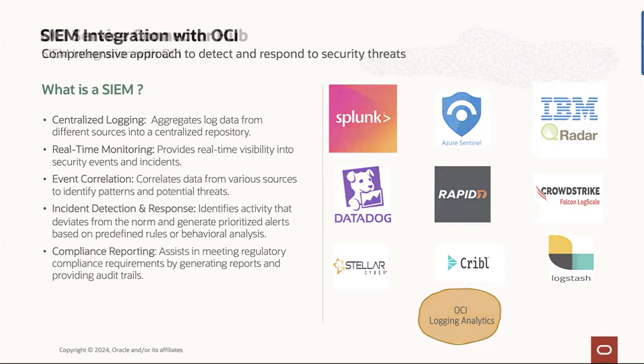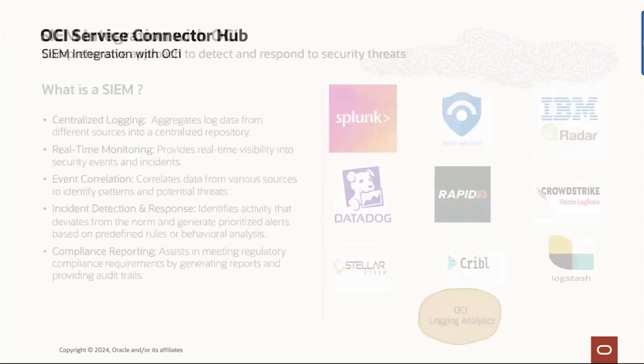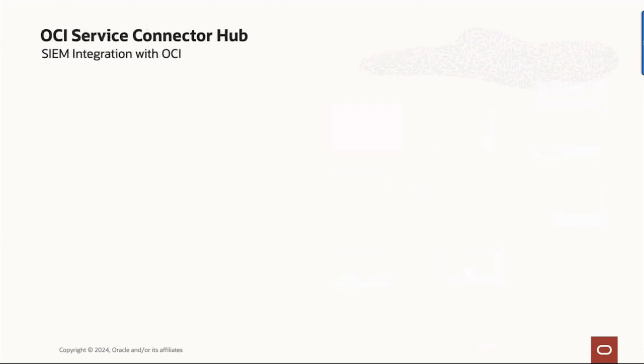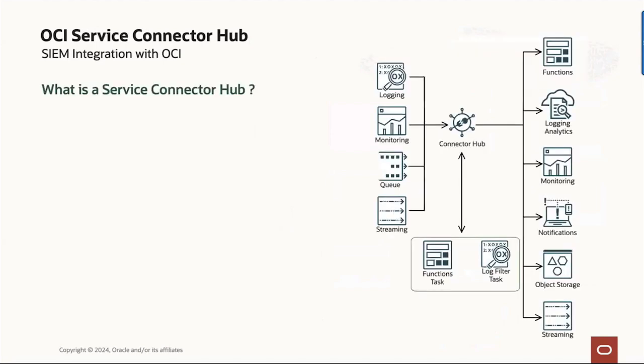Now let's discuss how to integrate my OCI platform with a SIEM. There should be some vehicle that forwards logs from OCI to your SIEM system. That's where Service Connector Hub comes in, a component that you have by default in an OCI tenancy.